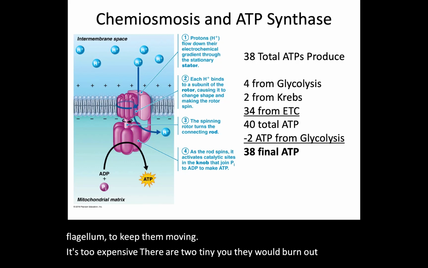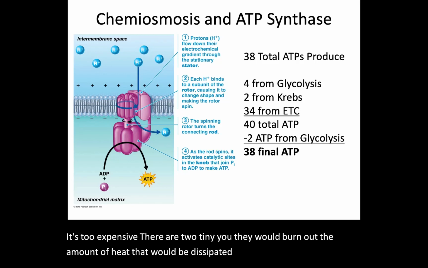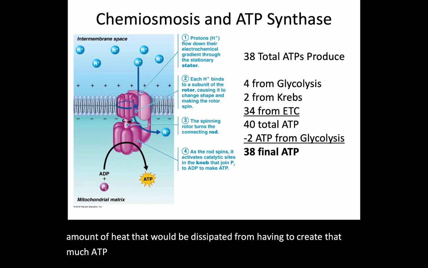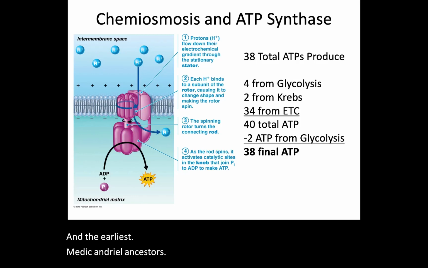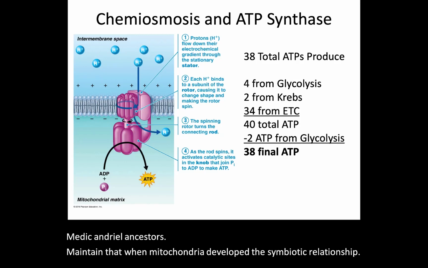The amount of heat that would be dissipated from having to create that much ATP would literally singe that little bacteria. And so they use hydrogen proton gradients. And the earliest mitochondrial ancestors maintained that when mitochondria developed this symbiotic relationship with other bacterial cells bigger than them.